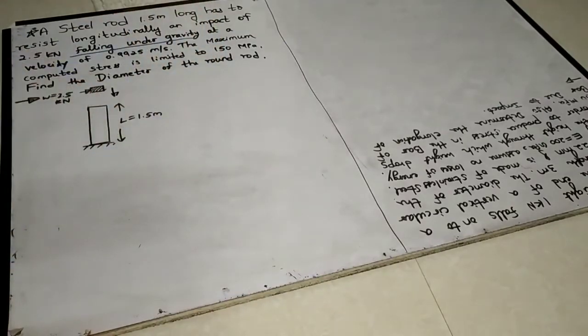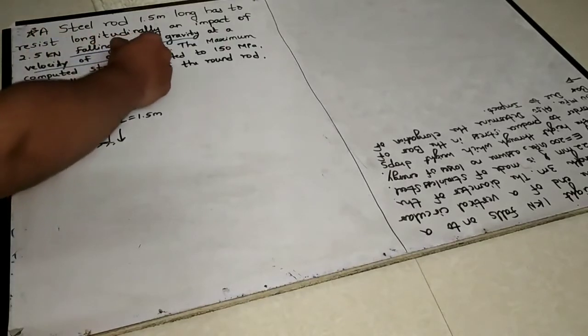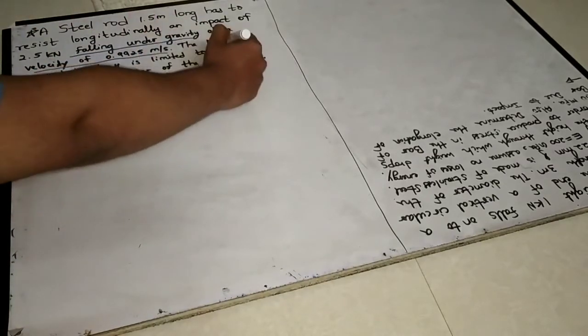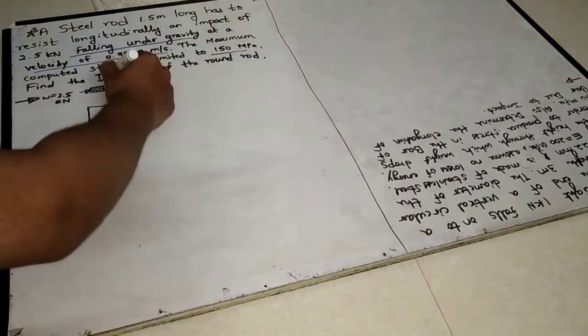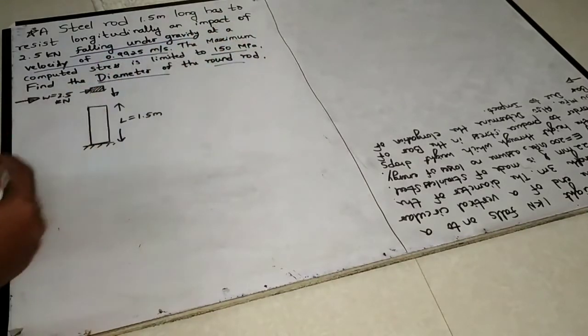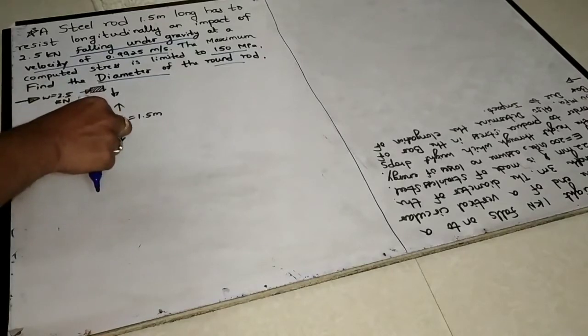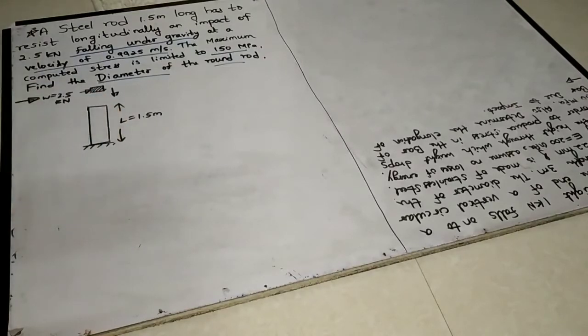This weight is falling under gravity with a velocity of 0.9925 meter per second. So if this data is given, there has to be some meaning for this, right? Maximum computed stress is 150 MPa. Find the diameter of the round rod. This rod, what is the diameter of this? That's what they are asking. Okay.